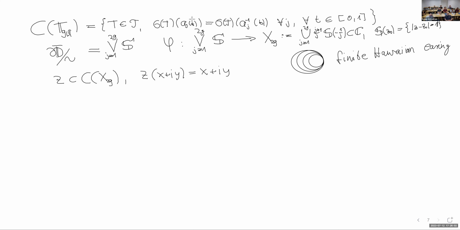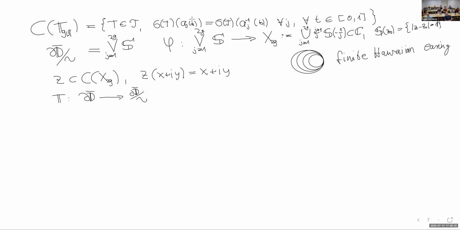Let's say P goes from our boundary circle, let's keep that boundary, to the quotient. This should be pi. Is that okay? So this is not a torus.